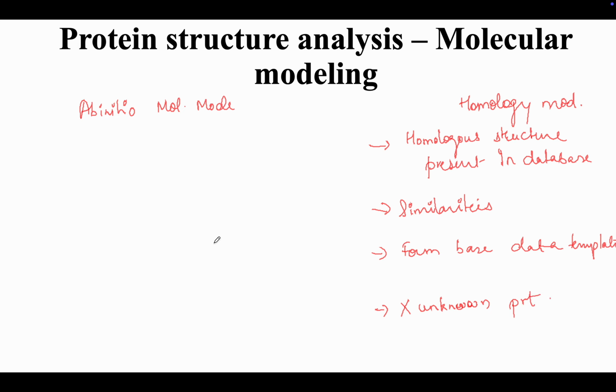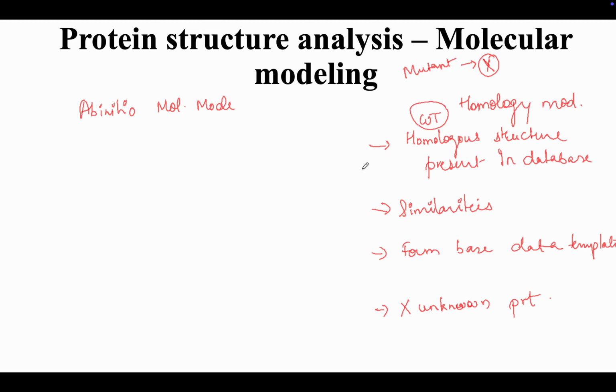For example, if I have a mutant protein X, this mutant protein has some mutation, and there is some change in the structure of the protein. This change can be analyzed by checking the homologous structure, that is the wild type structure present in the database.